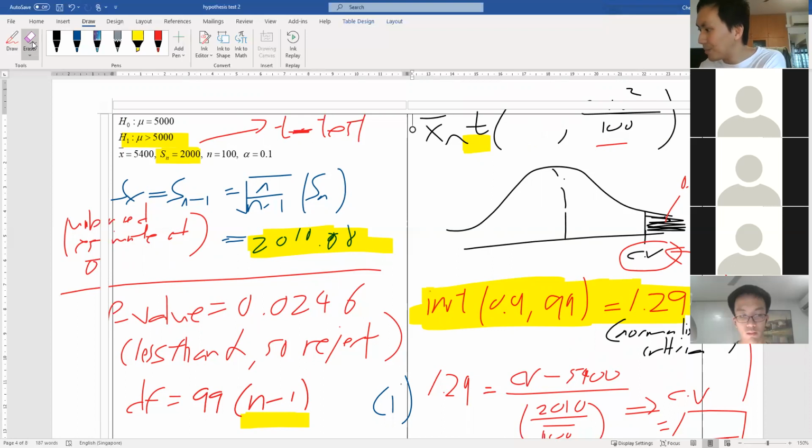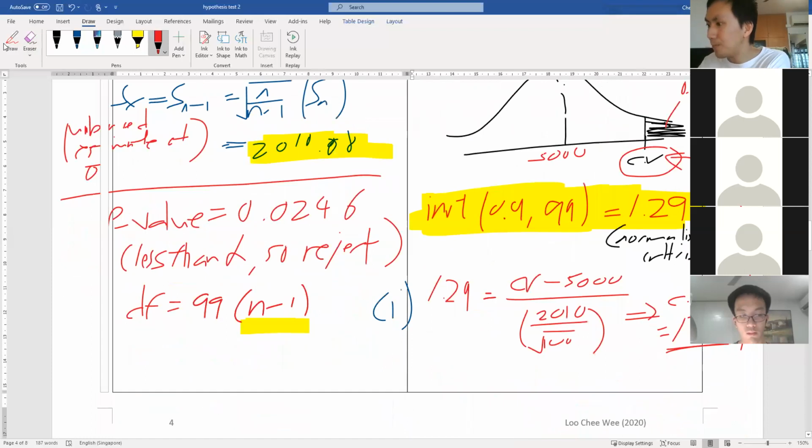The sample mean is 5,000, not 5,400. So this is one method. From the basic curve, I went back to the contextual curve.